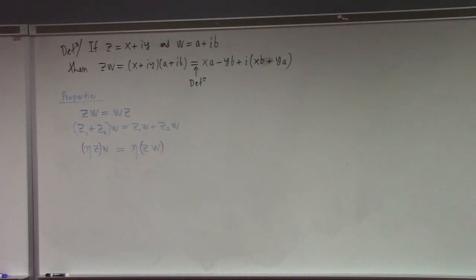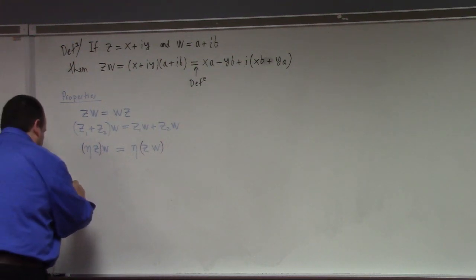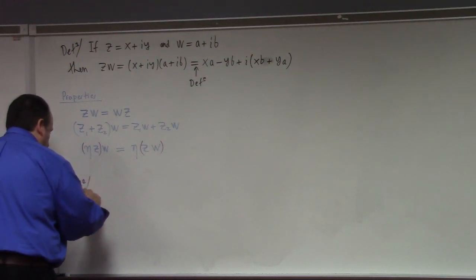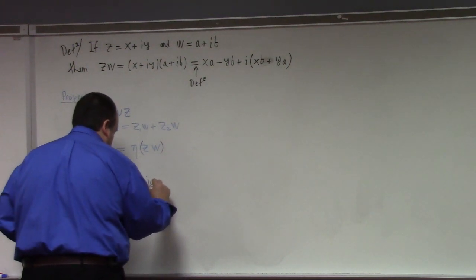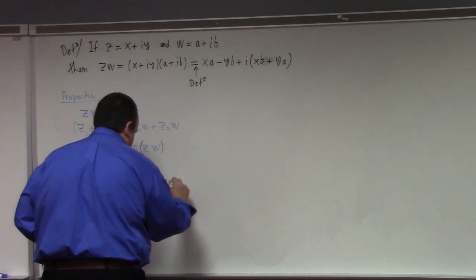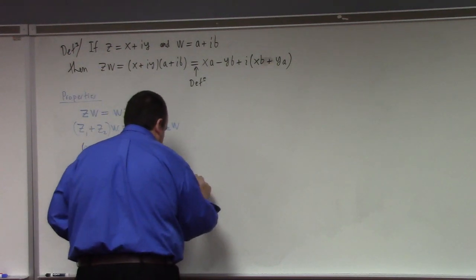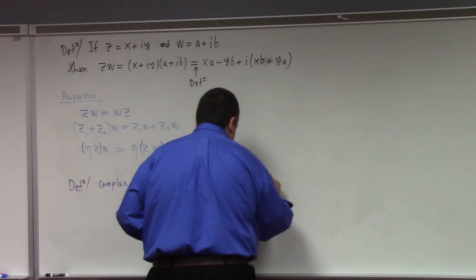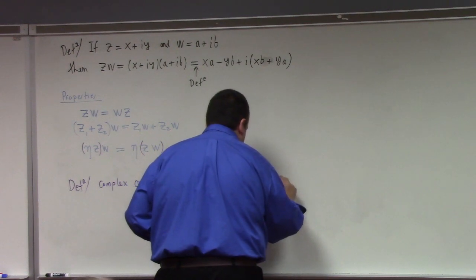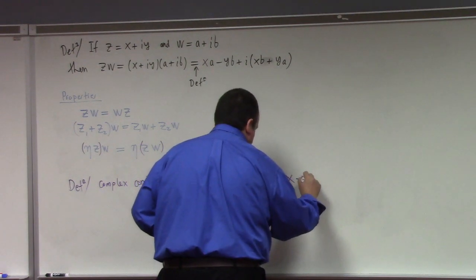There's something else we can do with complex numbers, right? Definition, complex conjugation. If I have z equals x plus iy, then z conjugate, z bar, is equal to x minus iy.